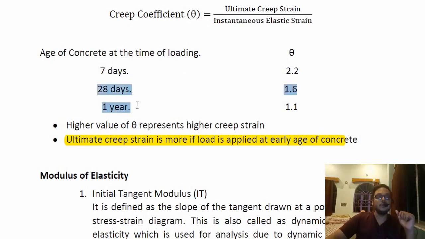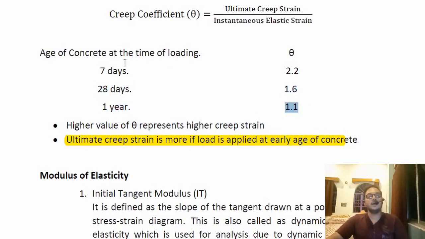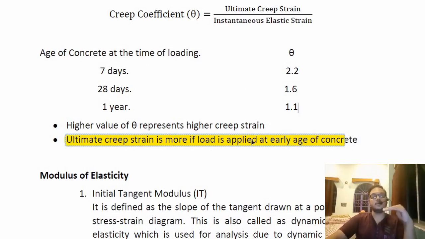If it is subjected to loading at a later stage, at 28 days or 1 year, the creep coefficients are 1.6 and 1.1 respectively. So this again confirms that the ultimate creep strain is more if load is applied at early age of concrete.